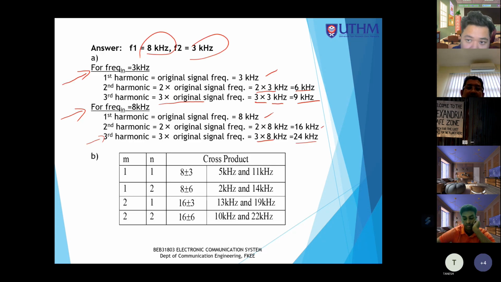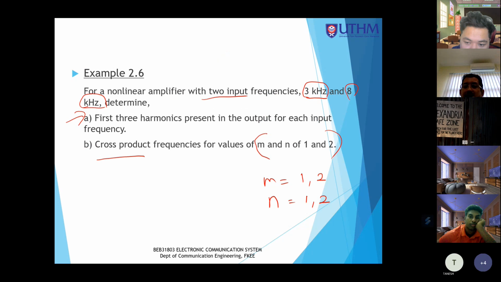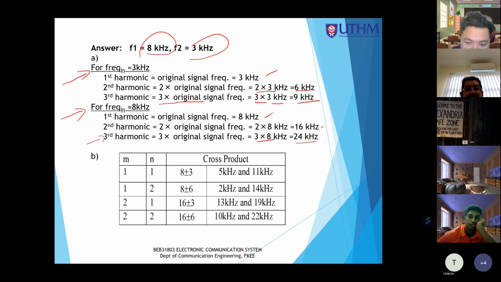Okay, so we're gonna see what the cross product is. If we have these two values for each of the parameter, that means we're gonna have 4 combinations. Kita akan ada 4 combination disebabkan oleh nilai ini. So we can do a table. For example, if M equal to 1, N equal to 1, what is the cross product?